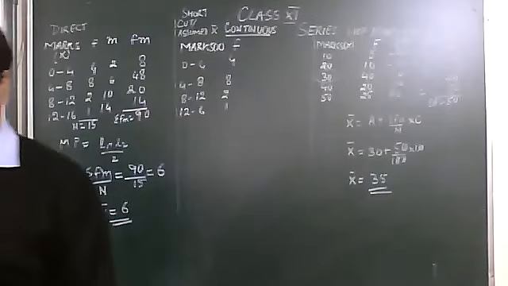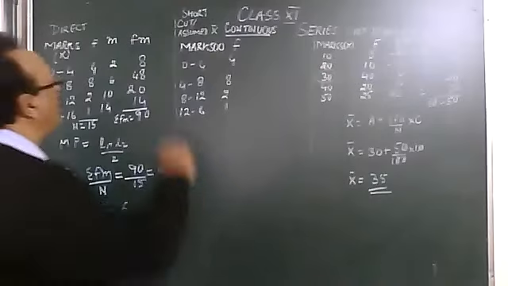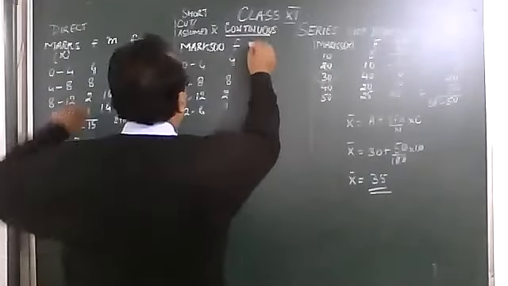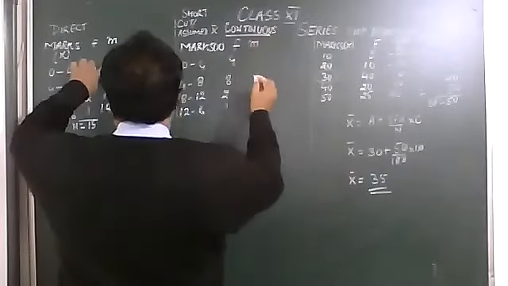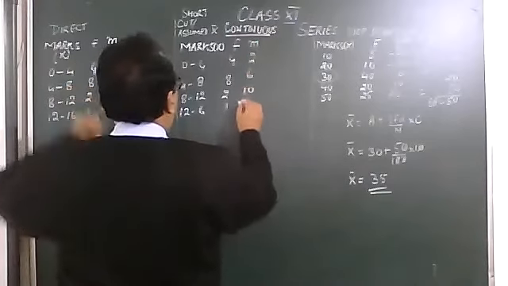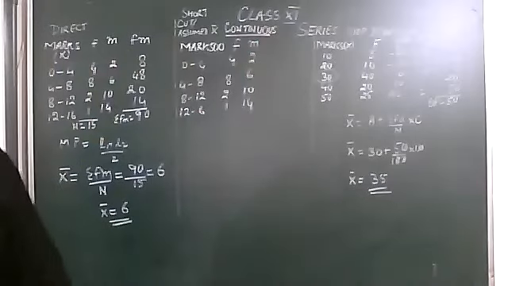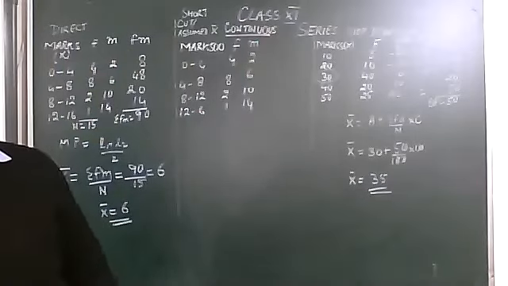Okay. Now, shortcut. Same, first are the midpoints. Keep it over here, midpoints. 2, 6, 10, 14. Now, from here we got to assume. How will you assume?